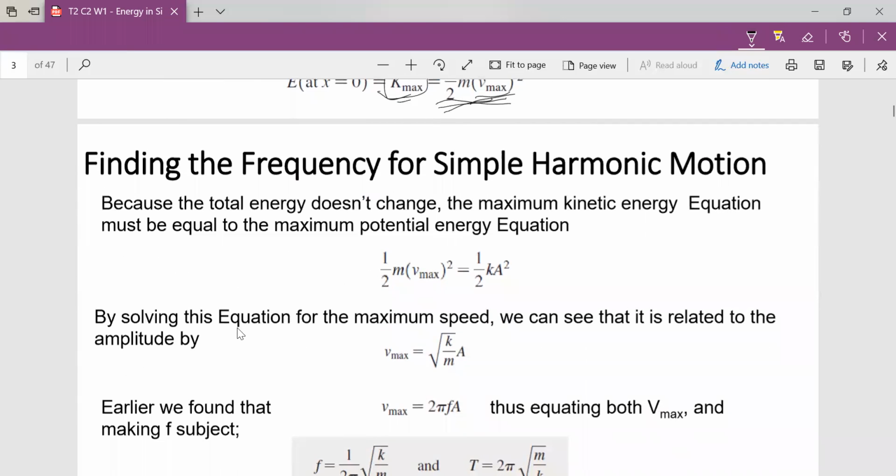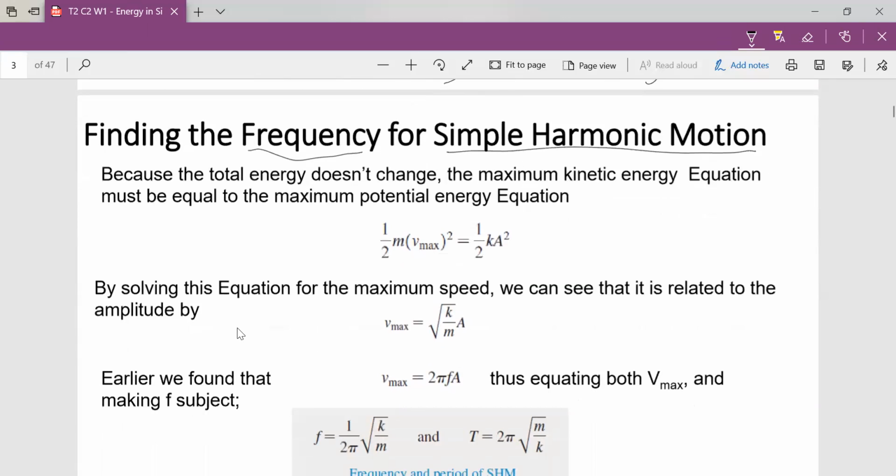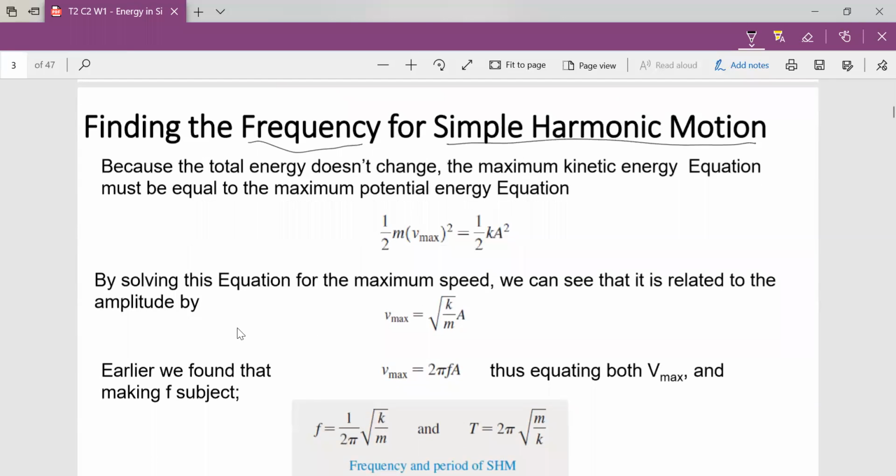We'll advance further to look at how we find the frequency for simple harmonic motion. We've seen the energy, we know what our E is, which is equal to K plus U. We know what K is and we know what U is. Now we go from the known to the unknown.